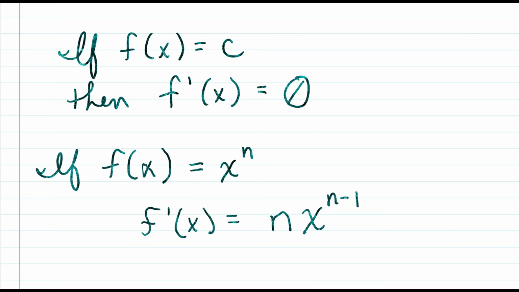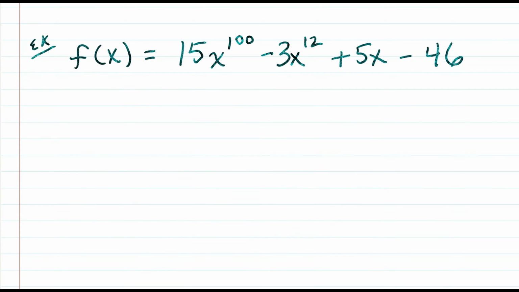This is usually called the power rule. All we're doing is bringing the original exponent down in front and multiplying, and then subtracting 1 from the original exponent.